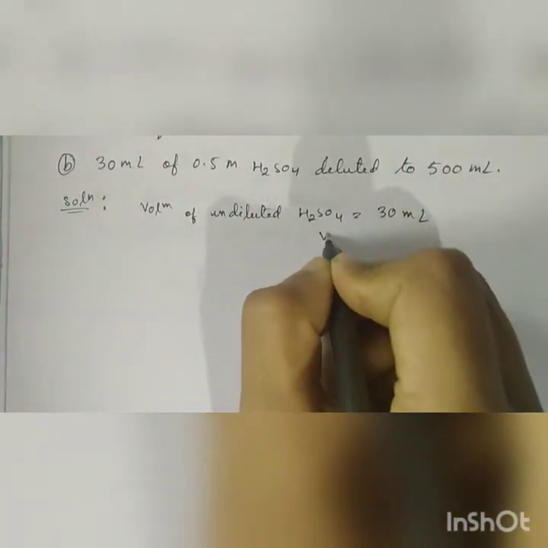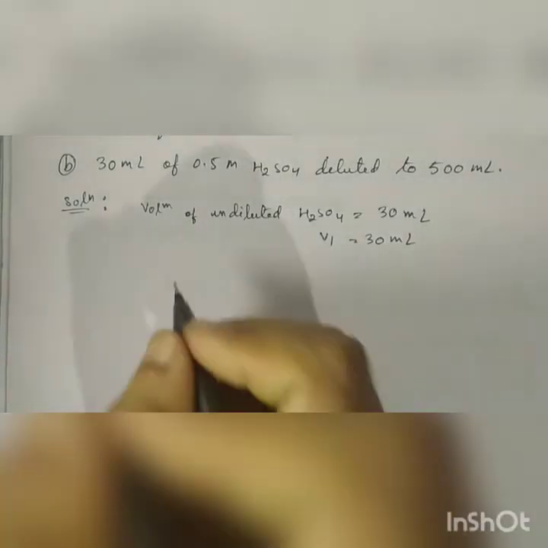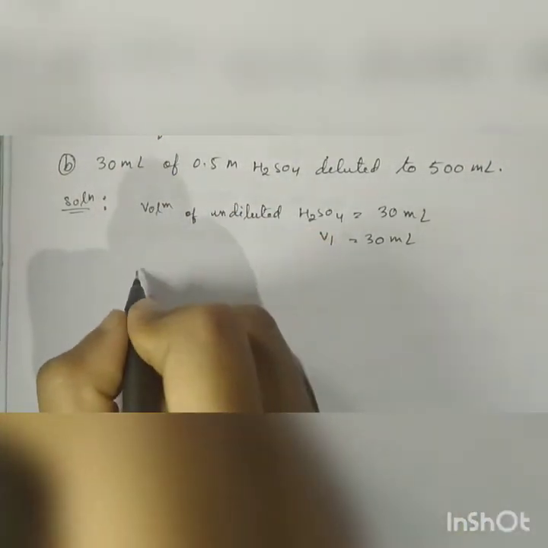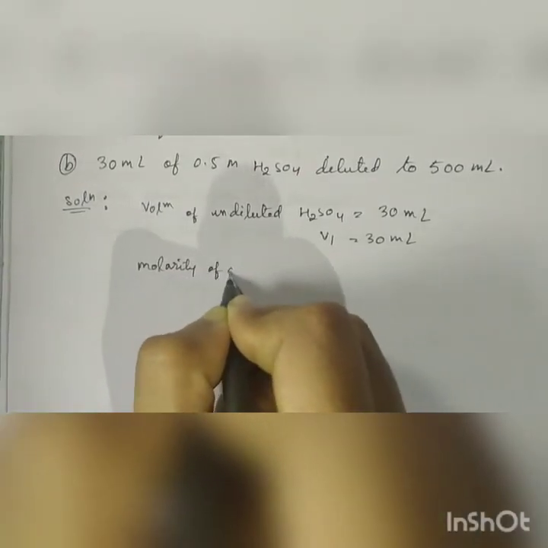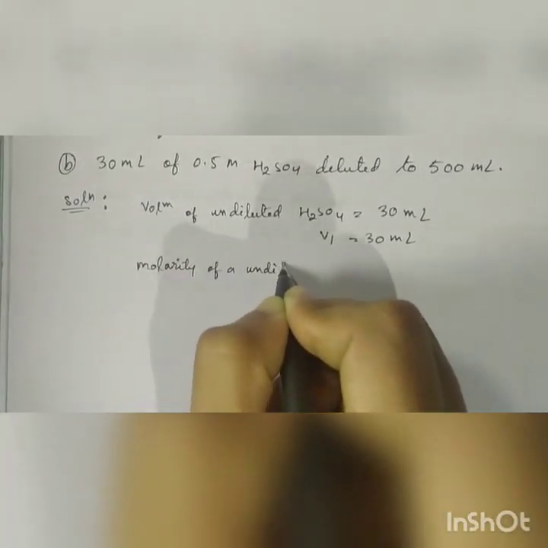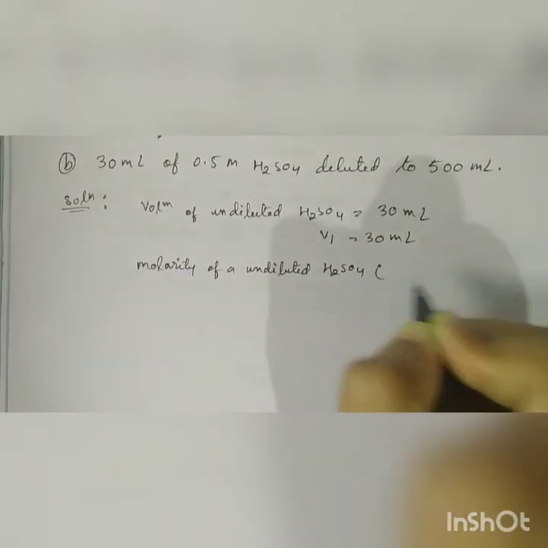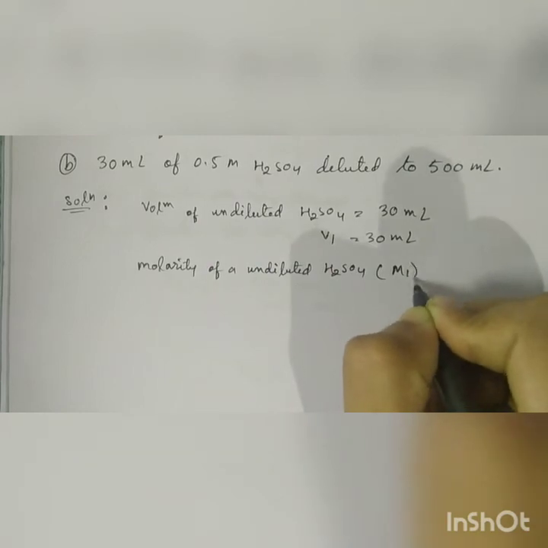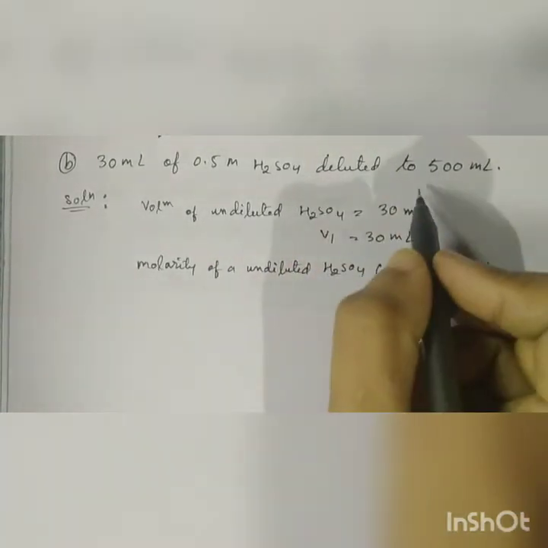Take it as V1 equal to 30 ml. And 0.5 molar is the molarity of the undiluted H2SO4. Consider this as M1 equal to 0.5 molar.